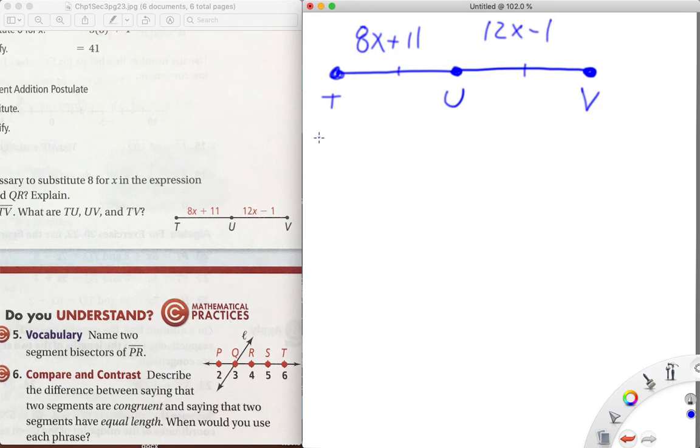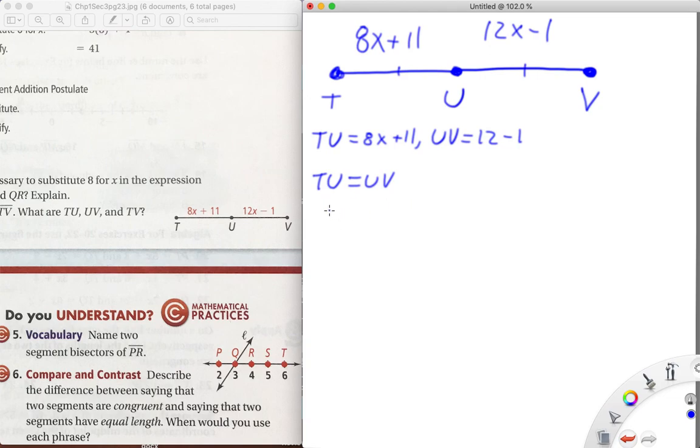So TU is 8x plus 11, UV is 12x minus 1. Since I know that they're congruent to each other, I also know that they're equal to each other. So I can say that TU is equal to UV. And then I can substitute.